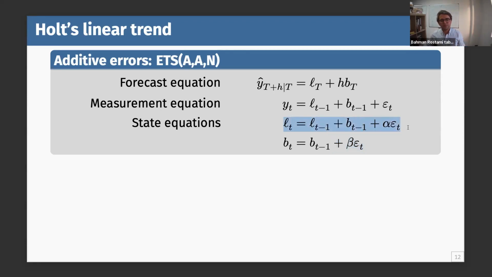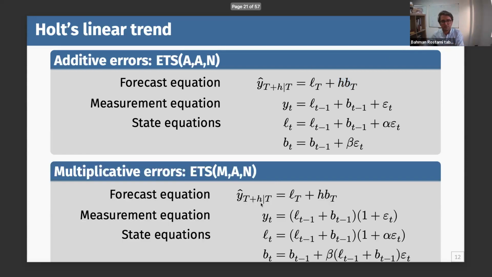So now we have two equations. In simple exponential smoothing, we have one state equation, but now I have a level and also a trend, and I add them additively, and I get my forecast equation. As you can see here, I have my h, which is the forecast horizon, multiplied by b, which is the trend. So it means now I can capture the trend if it exists in my time series.